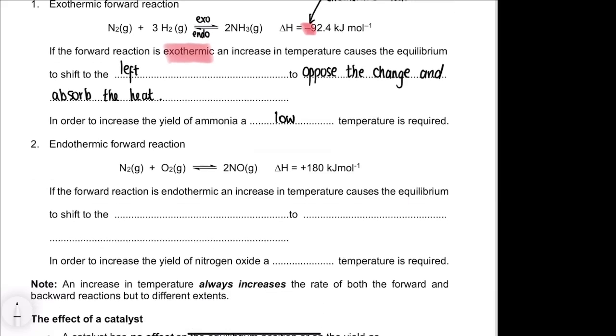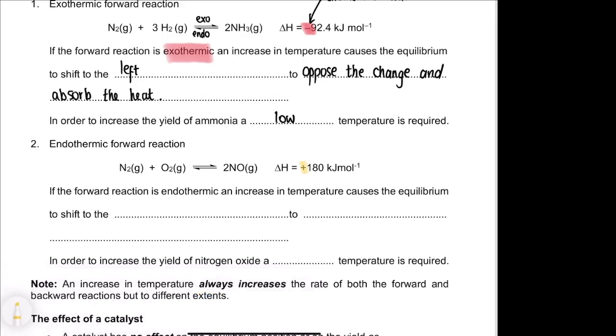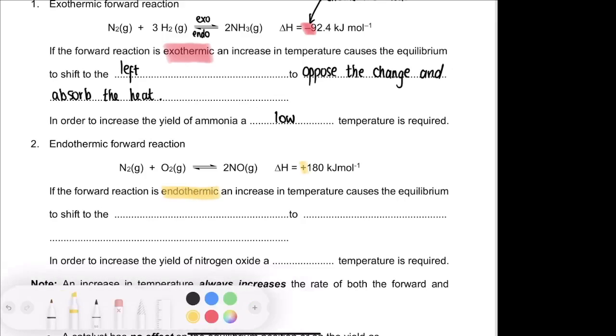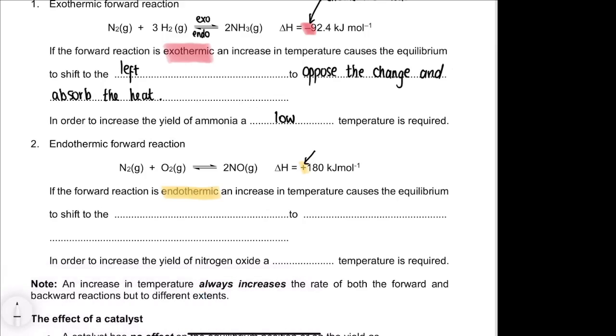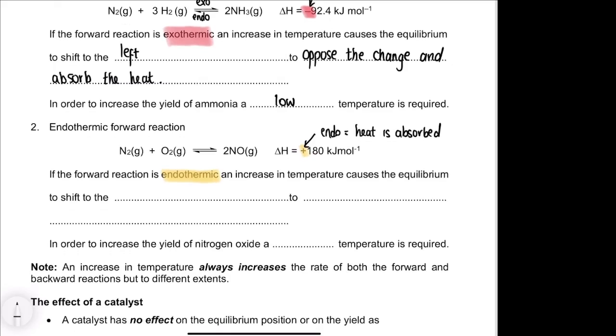What about a reaction where our forward reaction this time has a positive sign and therefore it's endothermic? What that means, when something is endo, is that heat is absorbed going forward, heat in. Alright, so we're going forward, it's getting cooler as we go forward.